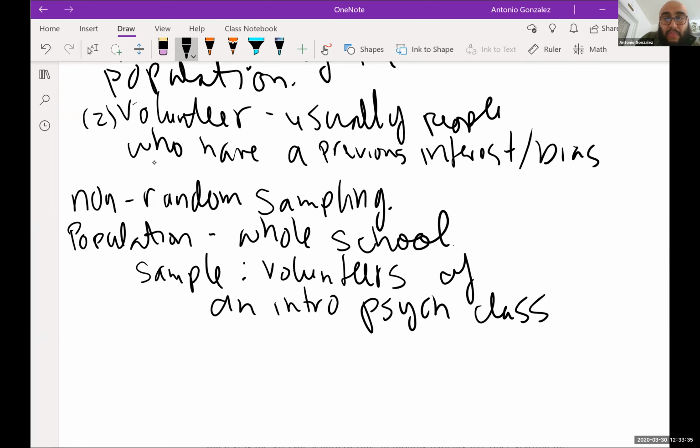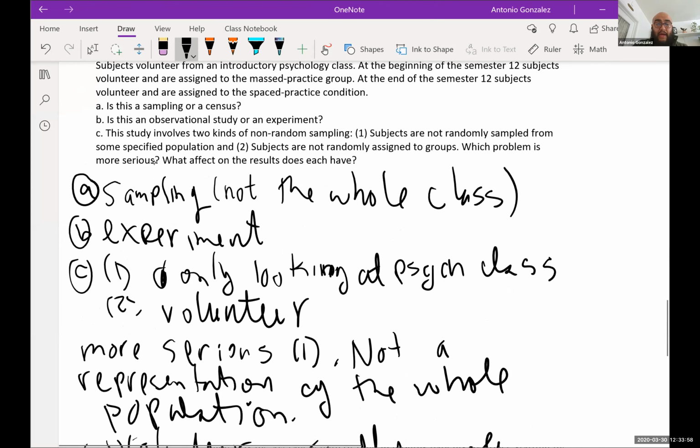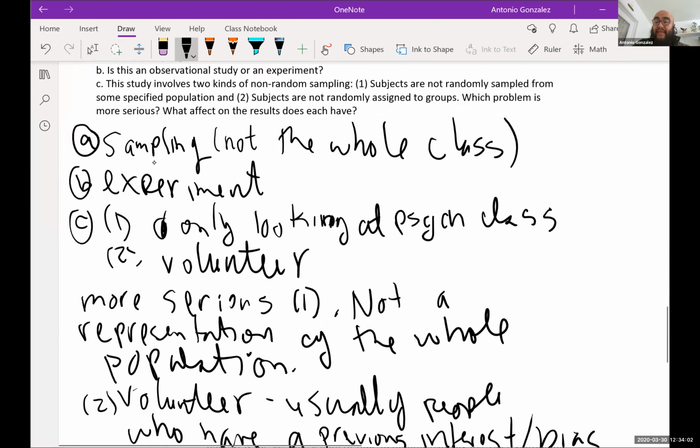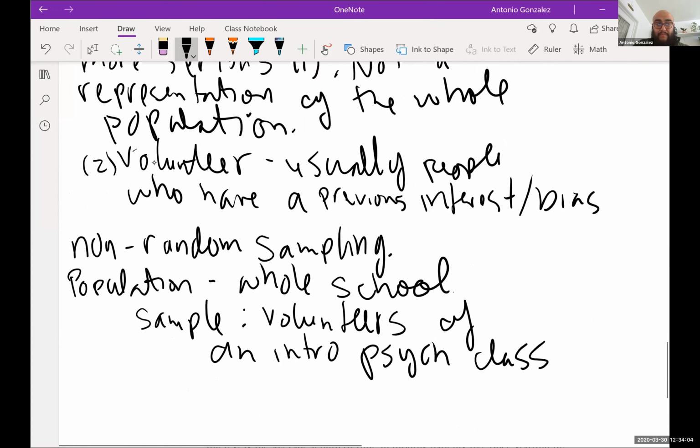Okay, so this is the non-random sampling. Do we understand that part, Melanie? The idea that this is the way they took these samples. Now the question is, why is this a problem?